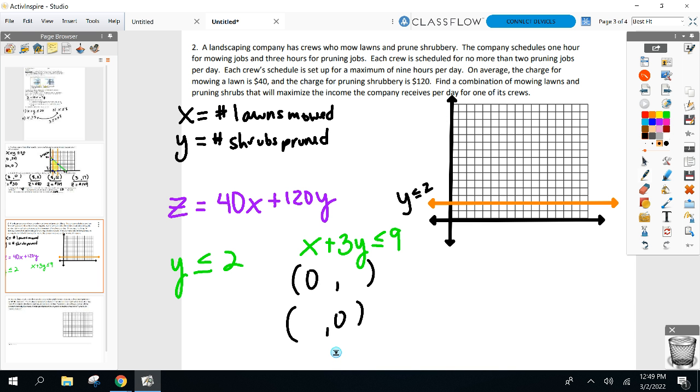Hey, let's make sure we're good here. We should have 0, 3 and 9, 0. Where is 0, 3? That's on the y-axis. 9, 0 is on the x-axis.